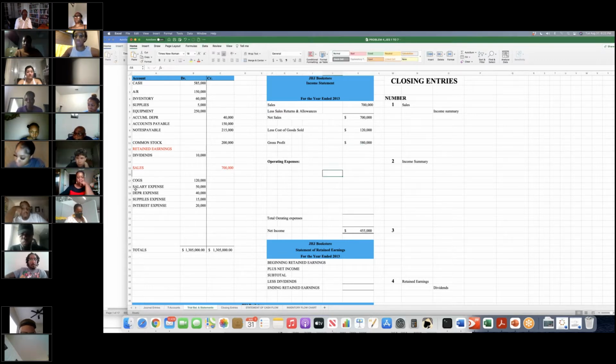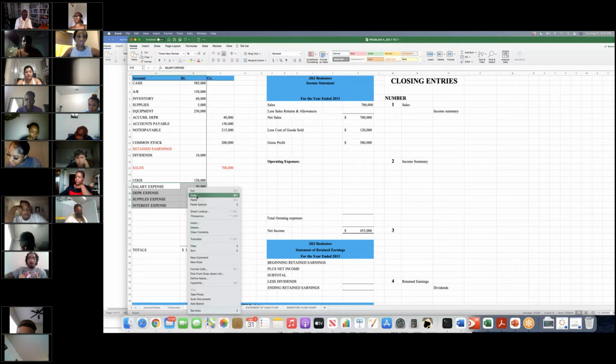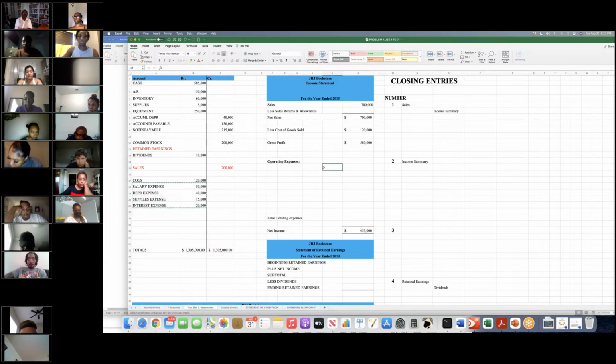Then we need to get these operating expenses in. So we total up these operating expenses. How much are they? 125,000.